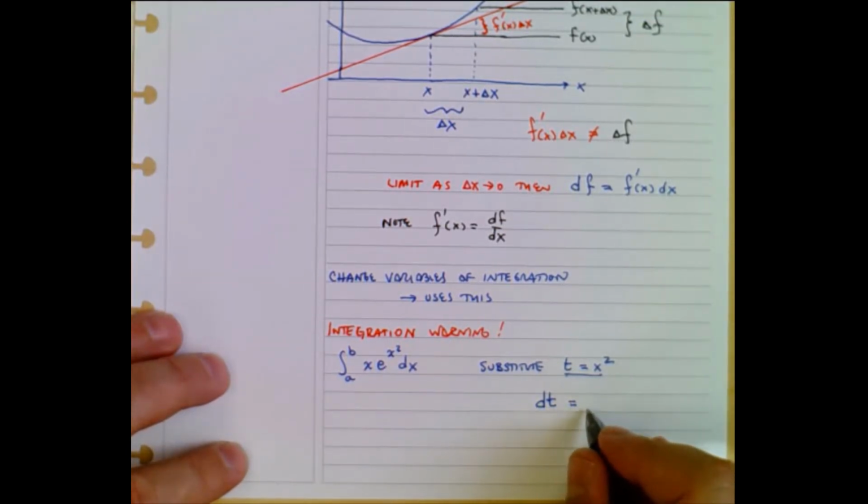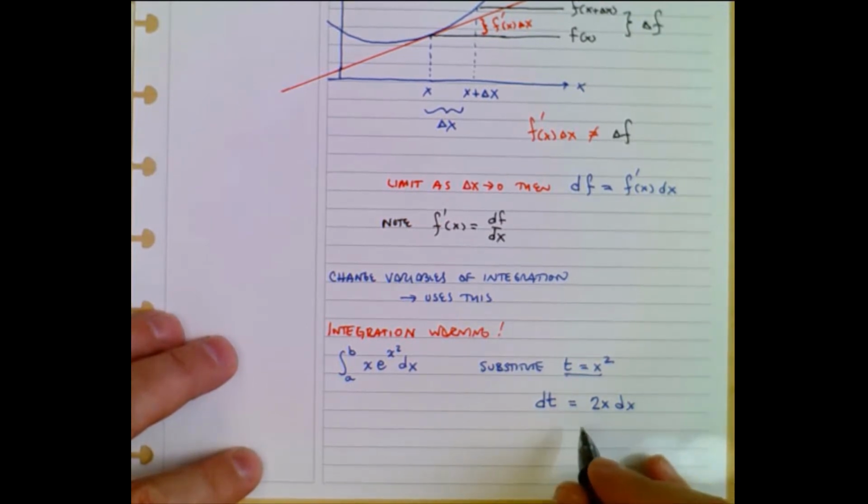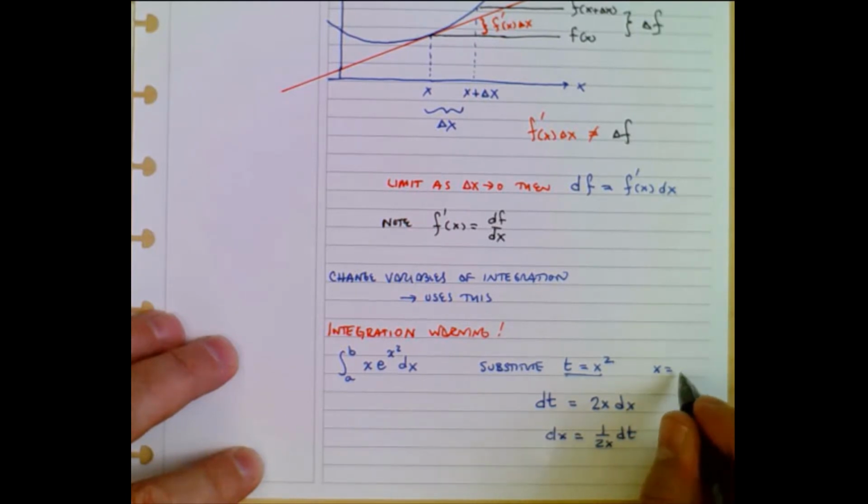Well, dt is going to equal the derivative of t with respect to x. It sounds kind of funny. That's just 2x, and then times dx. So I'm going to need to replace dx by 1 over 2x times dt, and x is equal to the square root of t, right? So this will be equal to 1 over 2 times the square root of t dt.